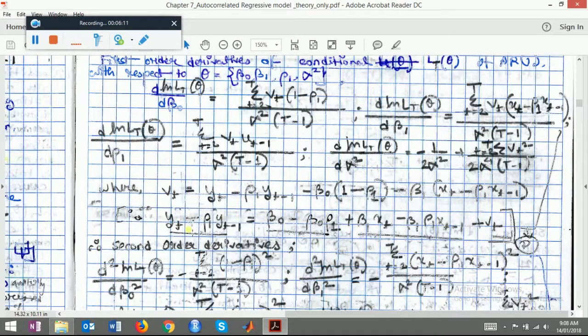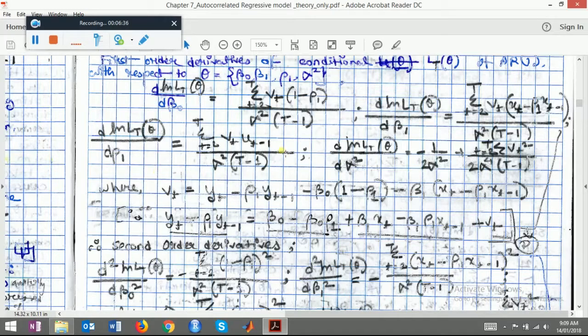So you see, this is what we took derivatives of. Again, very quickly, when we take the derivative with respect to beta naught, we have 1 minus rho 1 going up. When we take beta 1, we take the whole thing xt minus rho 1 xt minus 1, and in the denominator sigma square remains, it doesn't go away.